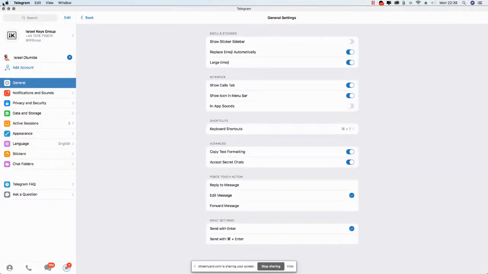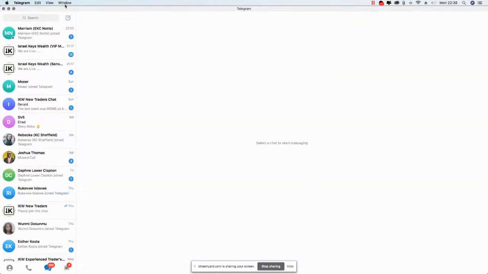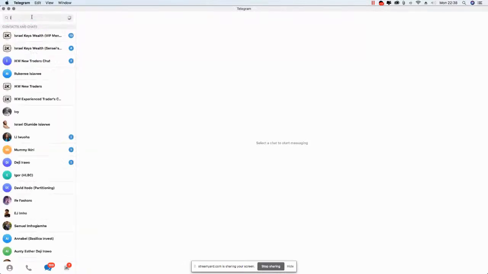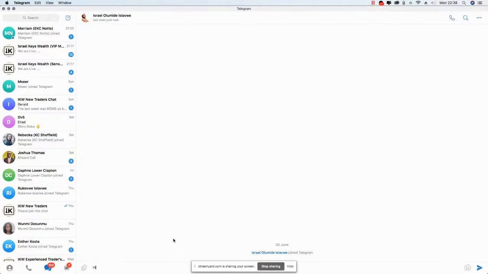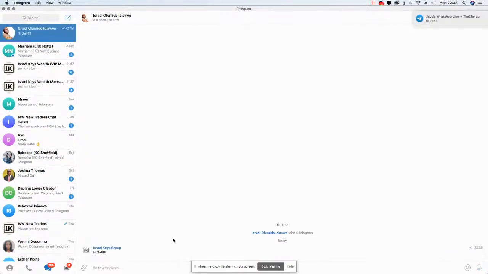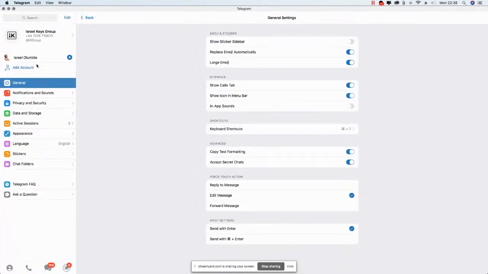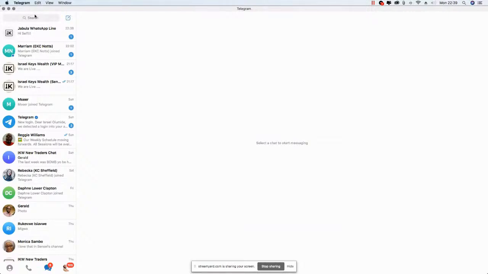So that's the Academy Telegram. There you go. Hi, self. And then when I go here to my personal one, there will be a message for me from there.